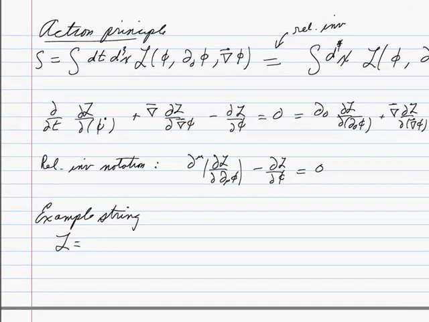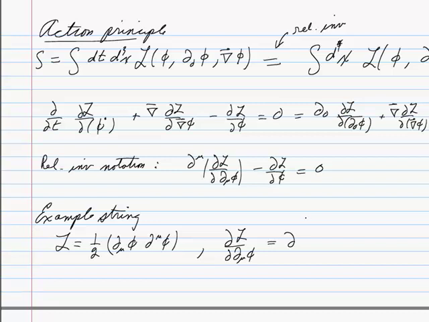The Lagrange density of the string we just saw was 1/2 d mu phi d mu phi. Then the variation of the Lagrangian with respect to d mu phi is d mu phi. Okay, I've got two d mu phi's there.